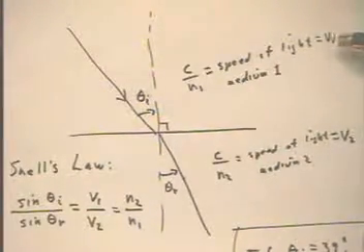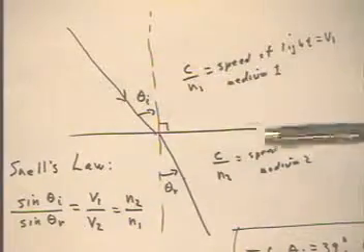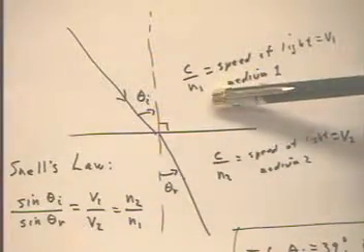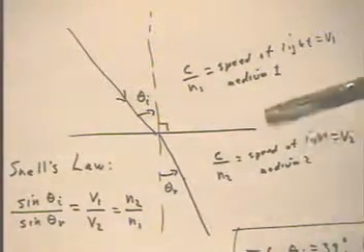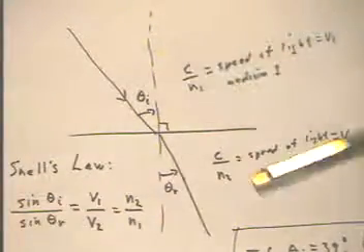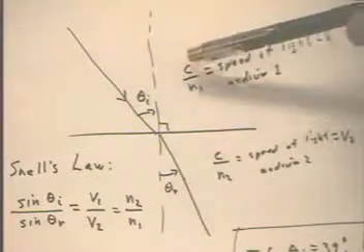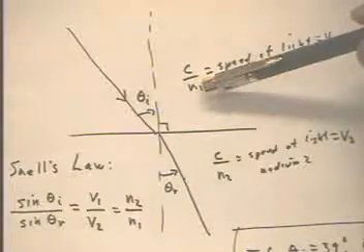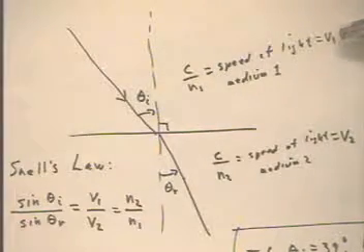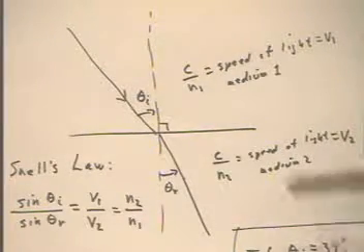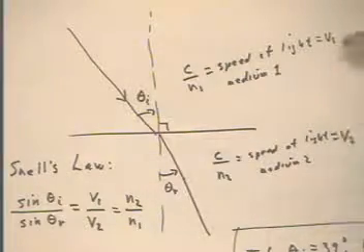And we're going to say that V1 is C over N1. Okay, this is our definition of N1 actually. Where C is the speed of light in a vacuum. So if we divide the speed of light in a vacuum by the index of refraction N1, we get the speed of light V1, in the medium.